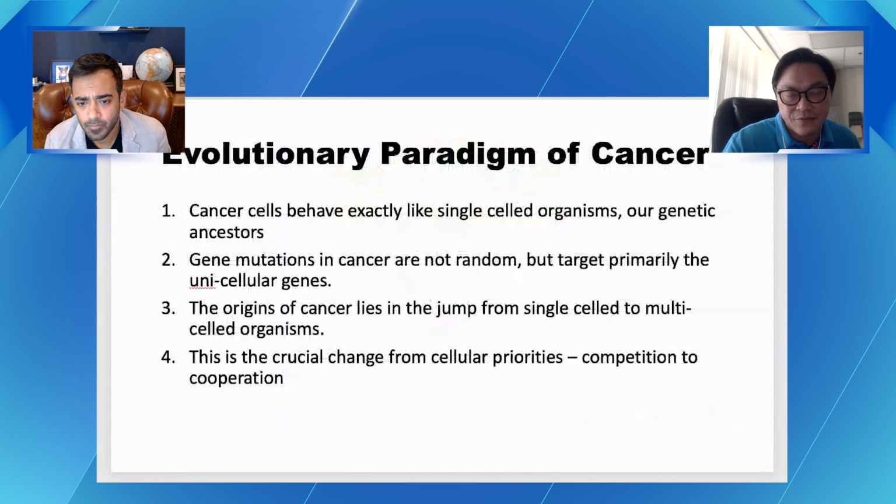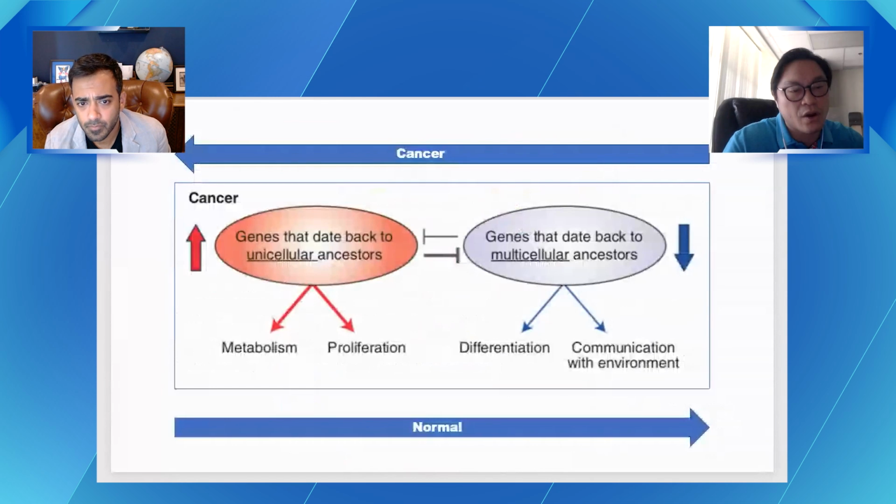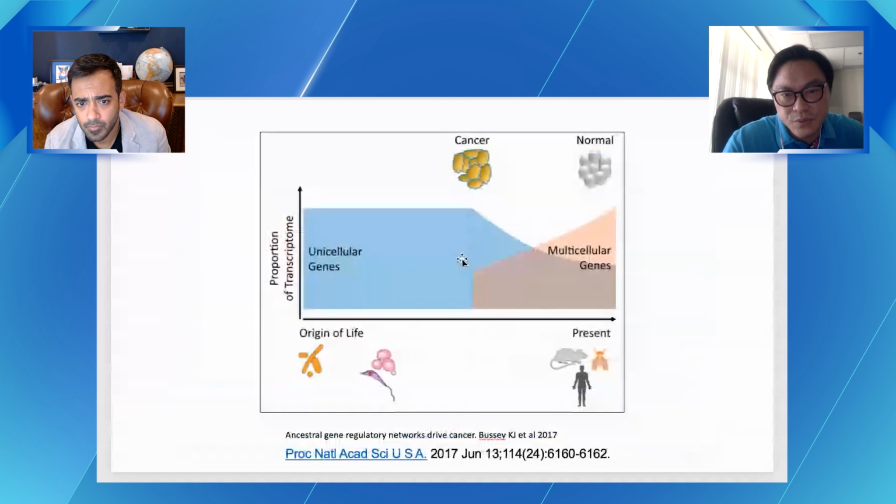for that. Because we're hypothesizing that cancer is a disease found at the border between unicellular genes and multicellular genes, then we can go back and say, okay, not which genes are mutated, but when are these genes mutated?